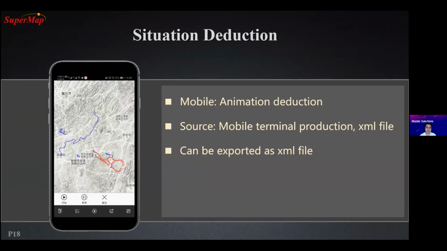This video shows that we used two colors to show the different soldiers. And also for this plot, you can export it to an XML file. Then you can import it in another mobile terminal.